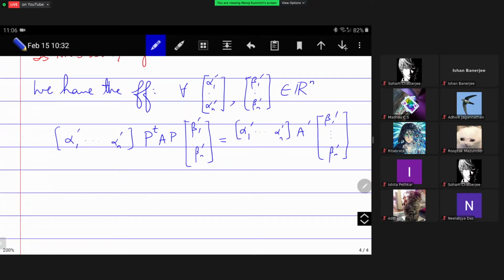Is this assertion clear? Both represent the same bilinear form in the basis.